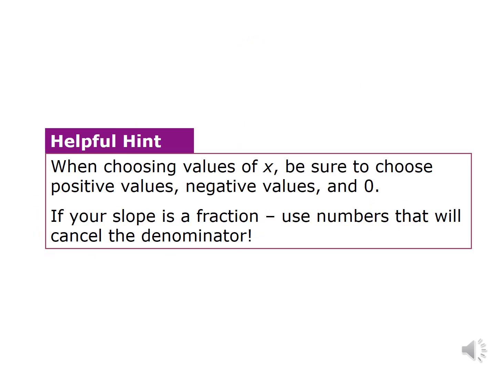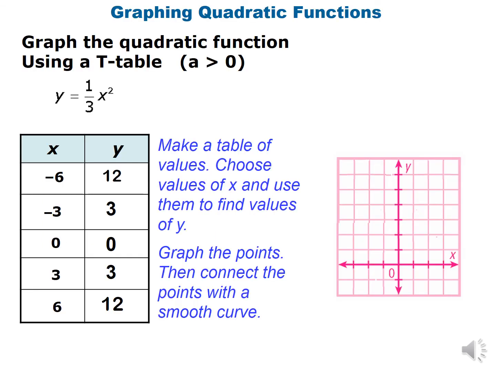A helpful hint when graphing is to choose positive, negative, and values of 0 especially. If your slope is a fraction, use numbers that will cancel the denominator. Here's an example of one where I would use different numbers rather than -2, -1, 0, 1, and 2, because I don't want to deal with the fraction.